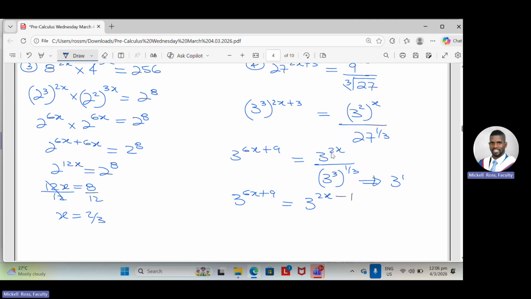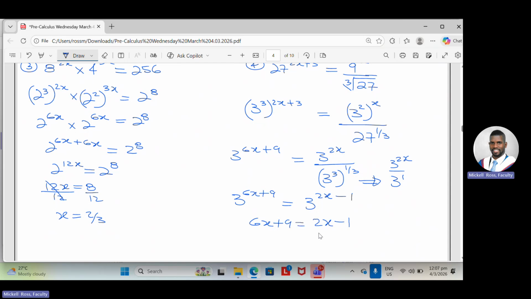The power is going to be 2x and the power is going to be 1, because all of this down here is just simply 3 to the power of 1. So what you have is 3 to the 2x divided by 3 to the 1. And if you're dividing and the base is the same, you subtract their powers. Since we know here that the bases are equal, then the powers can equate them to each other.